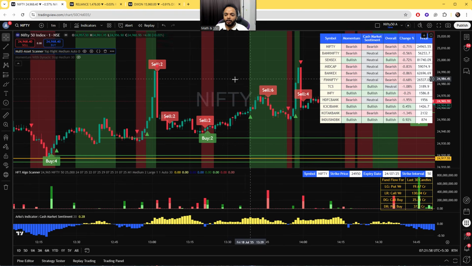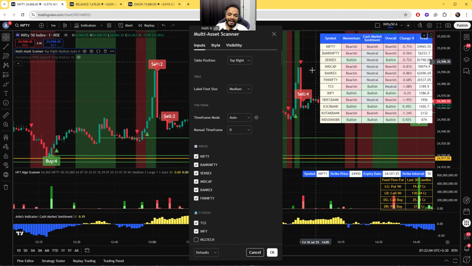Okay, and also suppose you are on 1 minute time frame, or let's say you are on 3 minutes time frame, but you want to run this scanner on 1 minute time frame. So time frame mode auto means whatever your chart time frame is, that's the time frame the table will run, in real time.